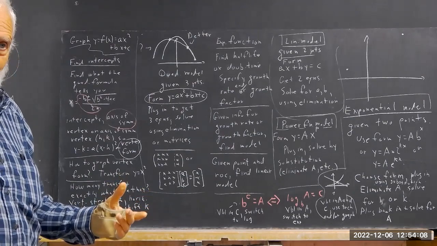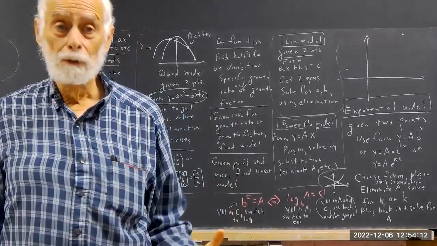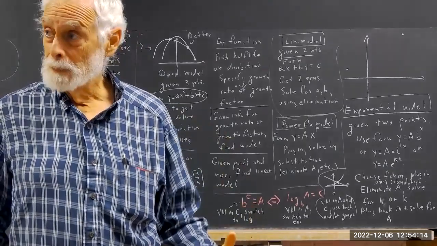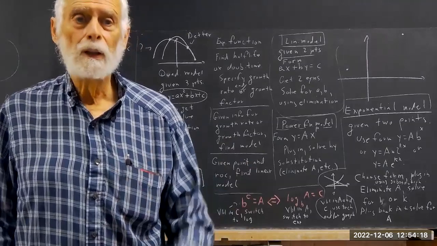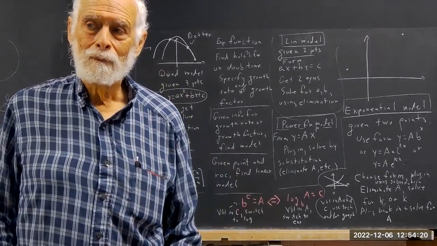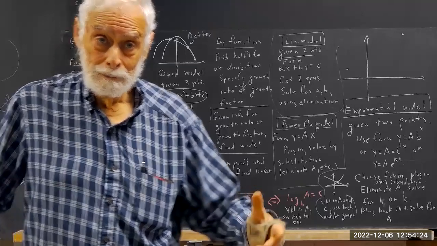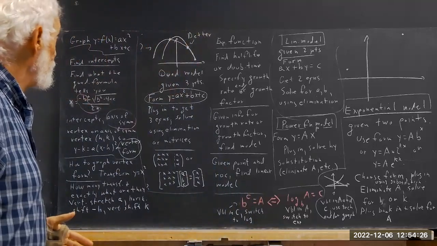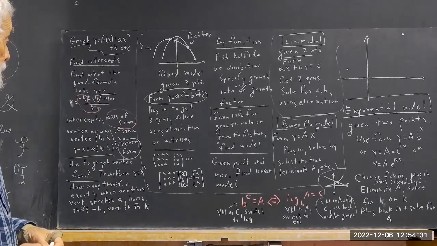You should know. To find the x-intercept, what do you do? You set y equal to 0. To find the y-intercept, what do you do? You set x equal to 0. You can't set x equal to 0 unless you have a function with a vertical asymptote or an undefined value at 0. Otherwise, you're going to be able to plug in x equals 0. Okay.